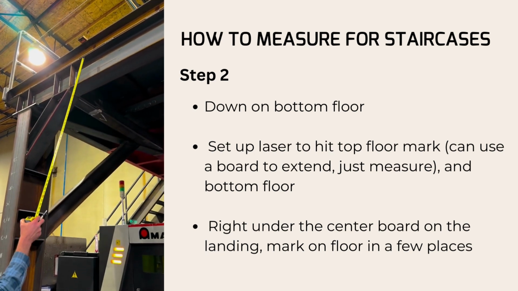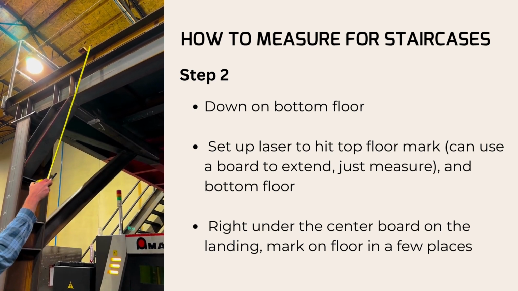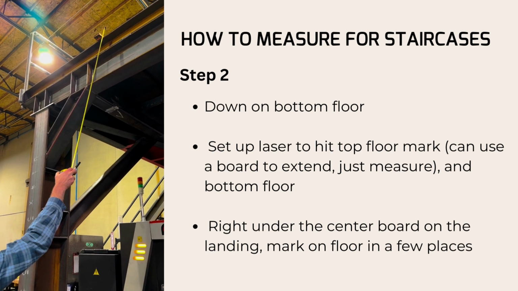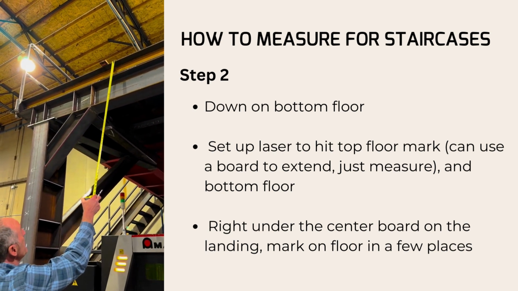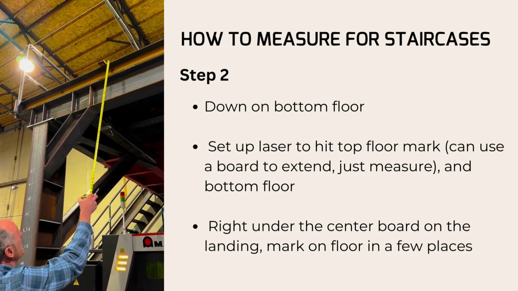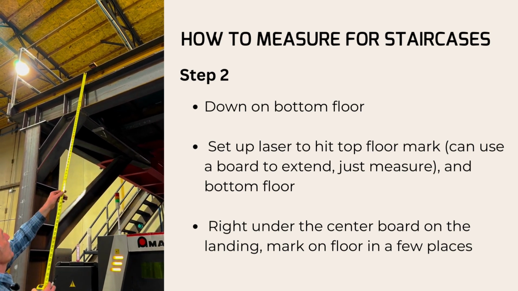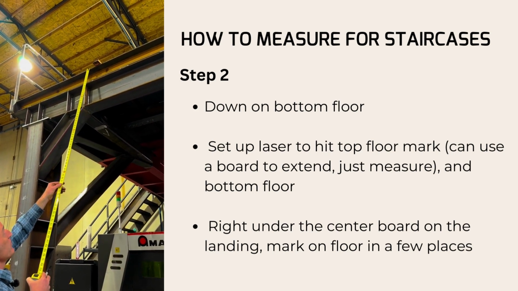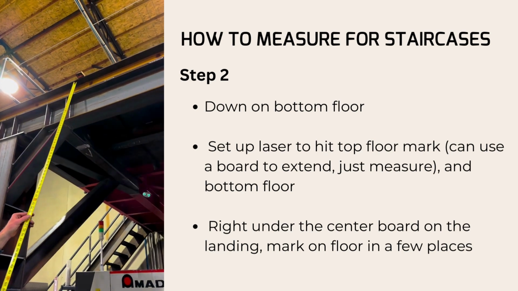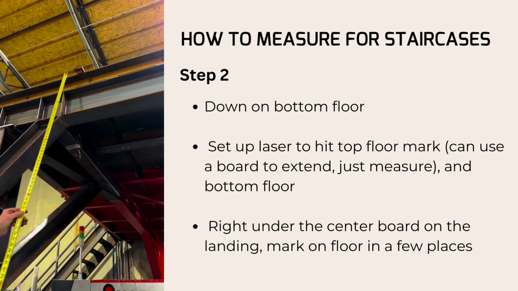If we move the beam out just a little bit, and I've just set a board here over the point you saw me marking earlier, I'm actually able to verify where it is in relationship to the nosing of my upper landing. In this case, I measure a ½ inch out from the nosing.